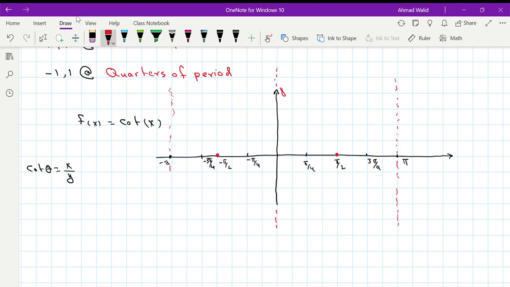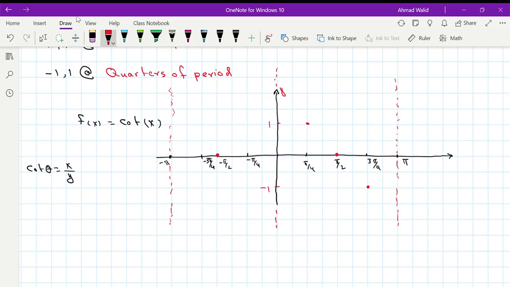When you learn tangent, cotangent is easy because it's the reciprocal. At pi over 4, if you flip at pi over 4, you get 1. At 3 pi over 4, which is the next quarter, you get negative 1.